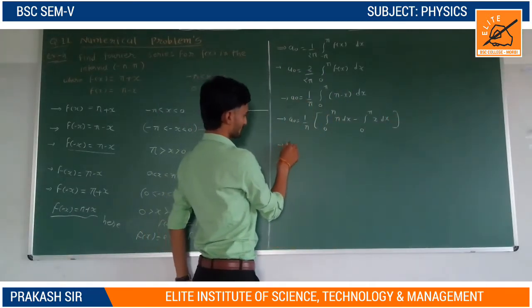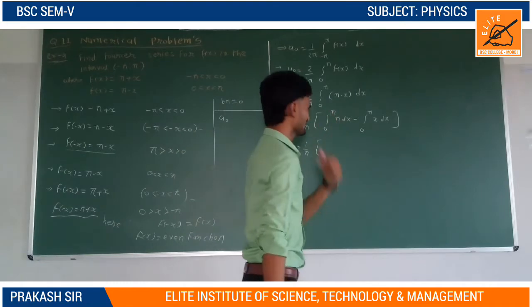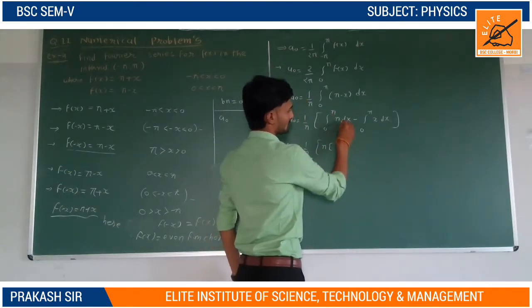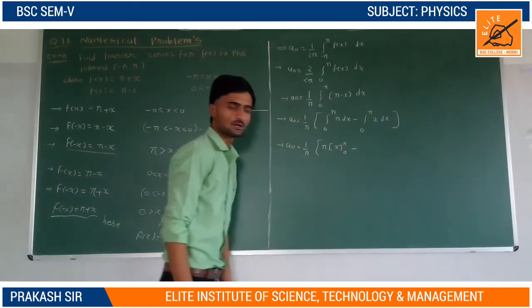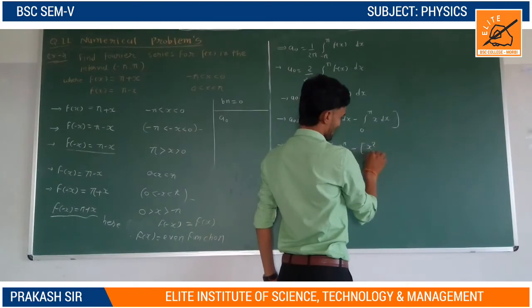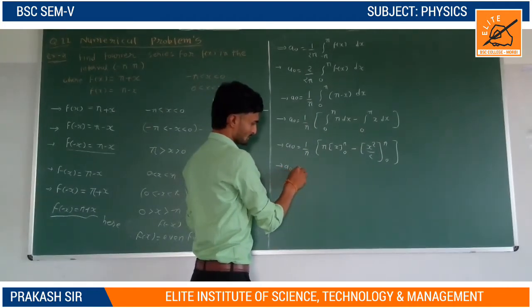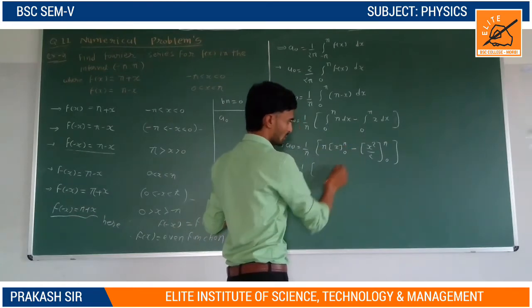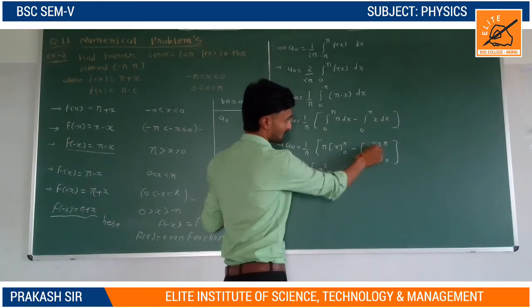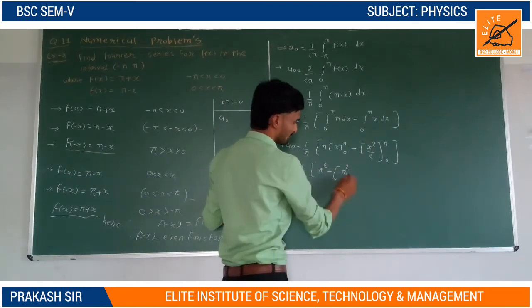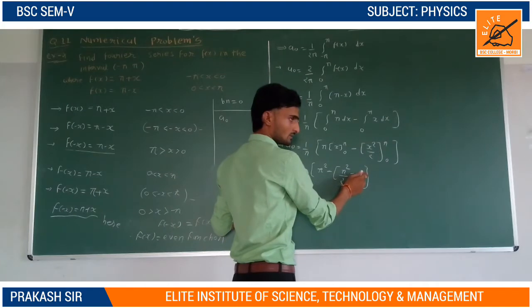Now a0 is 1 upon pi. Here pi is a constant, so the integration of pi is pi times x with upper limit pi and lower limit 0, minus the integration of x, which is x square by 2, with upper and lower limits. So a0 is 1 upon pi: upper limit is pi, lower limit is 0, pi minus 0, pi into pi, which is pi square; minus upper limit pi square by 2 and lower limit 0, so pi square by 2 minus 0 is pi square by 2.